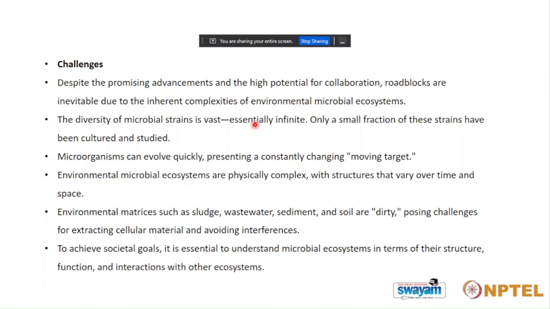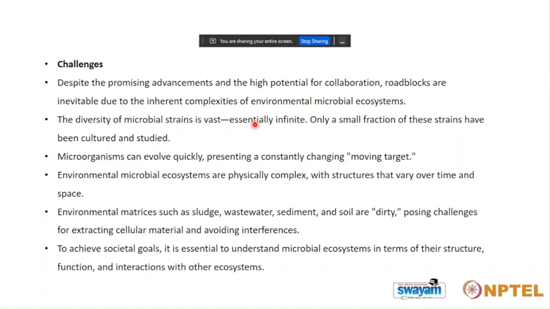And in the case of different environmental matrices, even if we isolate some organism, due to the nature of the environmental matrices that the organism is present in, the extraction of genome and studying the microorganism will be so difficult due to the interference of other chemical components and physical components present in the environmental matrices.